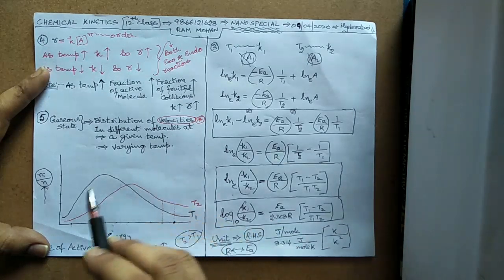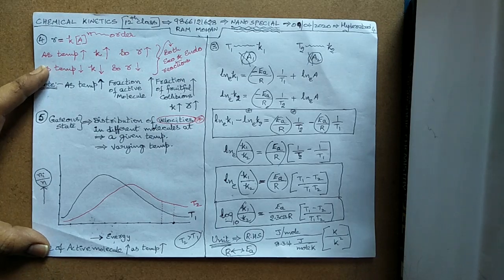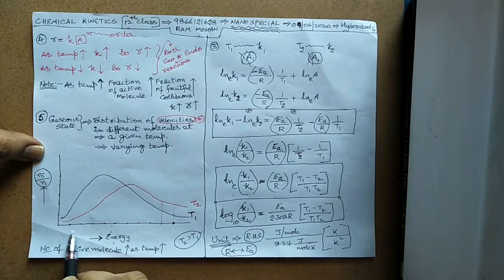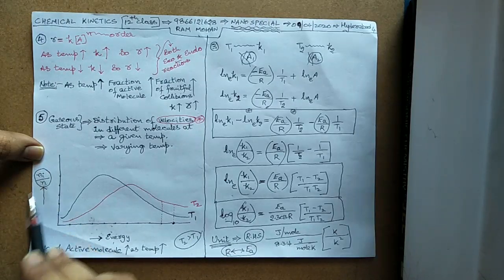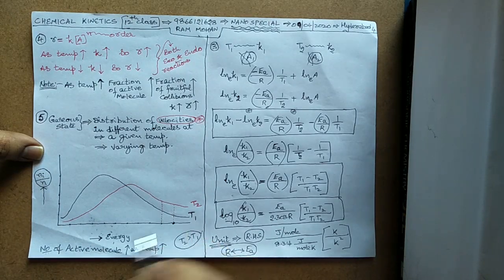Now what will happen to the energies in the molecules? The distribution changes in a slightly different way. So what happens to the fraction of students who are getting less marks? That fraction will drop. Then what happens to the fraction of students who are getting relatively better marks? This fraction will rise. So energy increased.